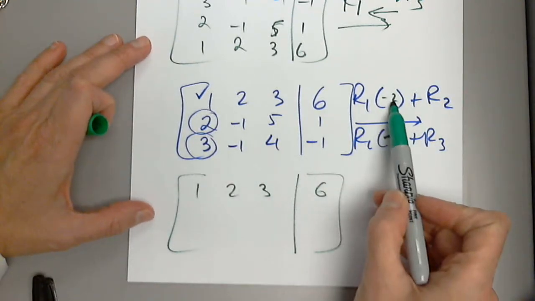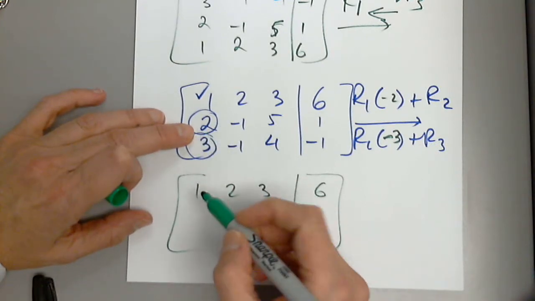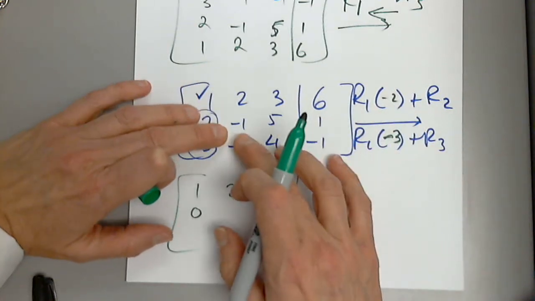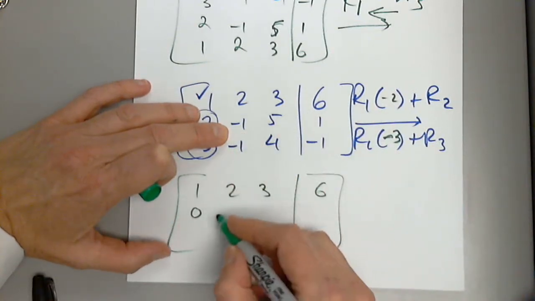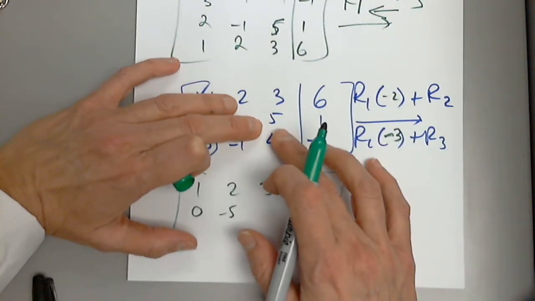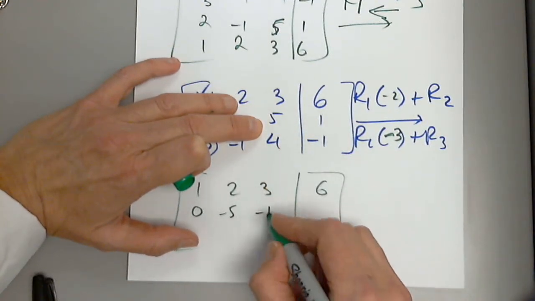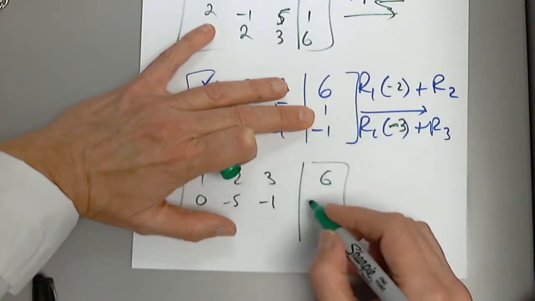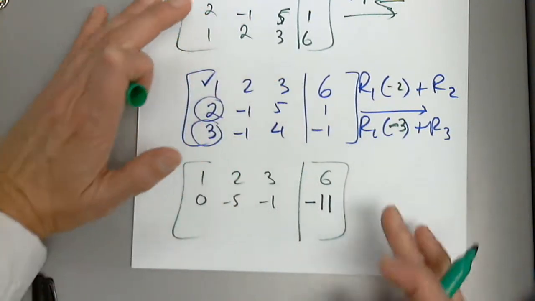So 1 times -2 plus 2, 0. 2 times -2 minus 1. Perfect. 3 times -2 plus 5. Perfect. 6 times -2 plus 1. Yes.